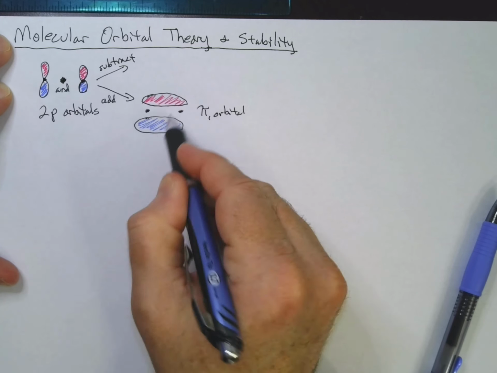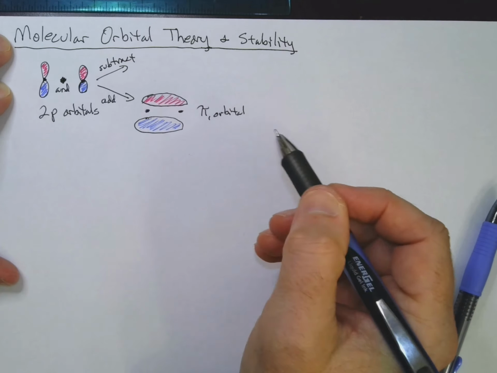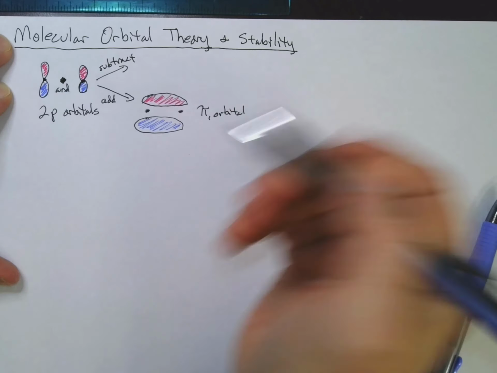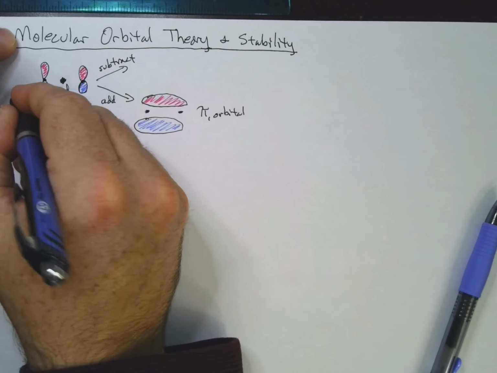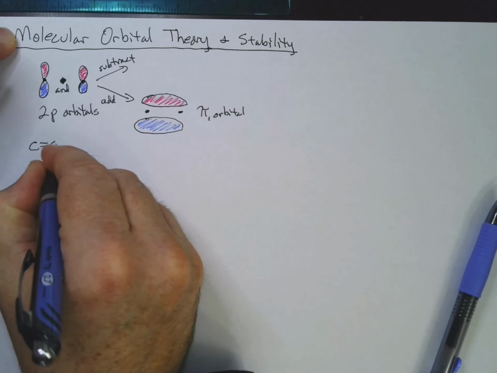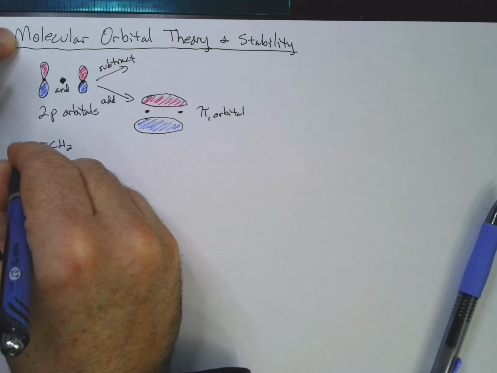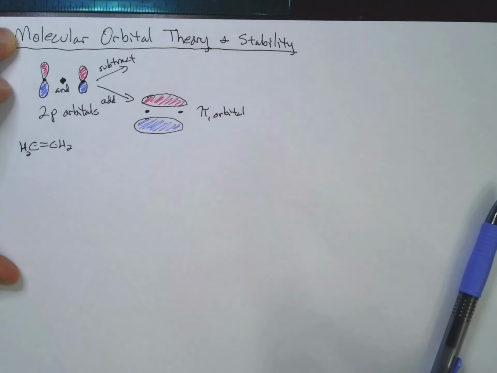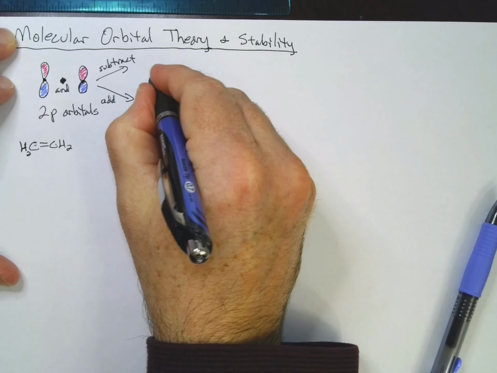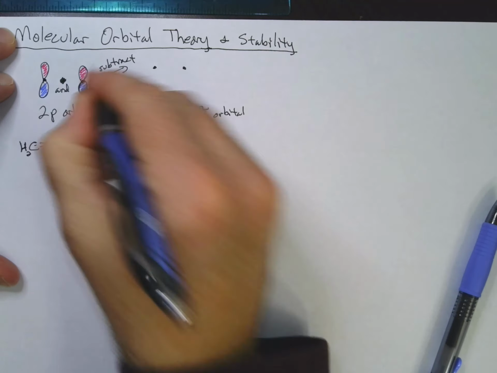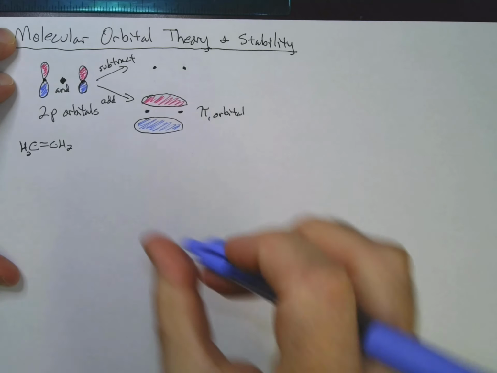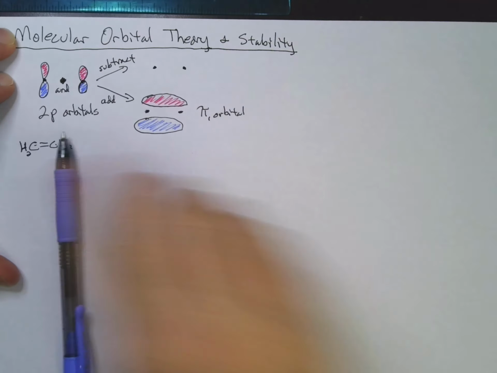Those electrons are over the whole molecule. This example here would be something like CH2, CH2. I'm just focusing on the carbons. Now, if I subtract these from each other, I end up getting this kind of weird thing.